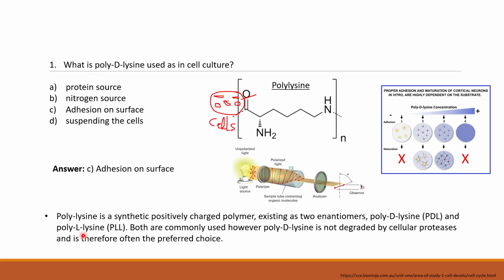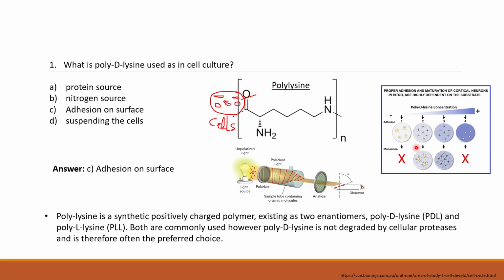Here you can see L lysine is not as stable when acted upon by proteases as D lysine is. So D lysine has more stability because it is dextrorotatory. This is how you get to know whether it is dextro or levo rotatory.